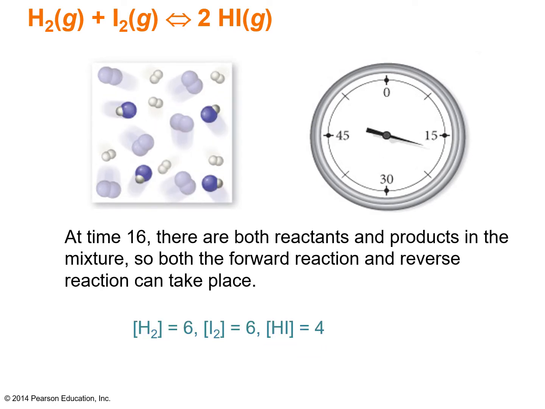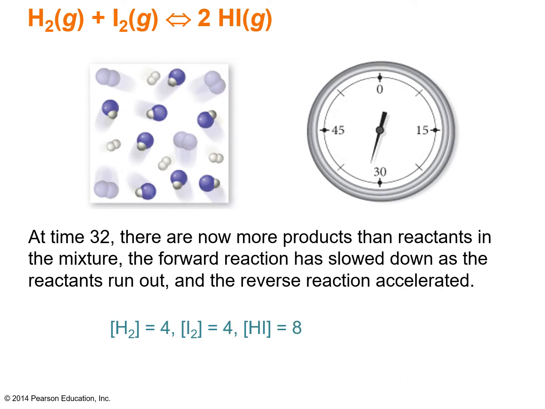At time 16, assuming 16 seconds after the reactants have been mixed, there are both reactants and products in the mixture. So both the forward reaction and reverse reaction can take place. At time 32, there are now more products than reactants in the mixture. The forward reaction has slowed down as the reactants run out, and the reverse reaction has accelerated. Why is this?